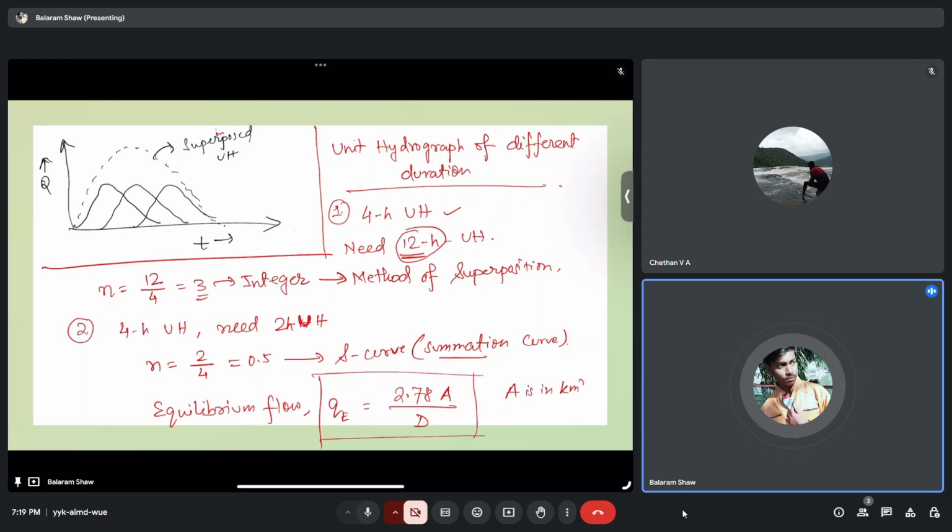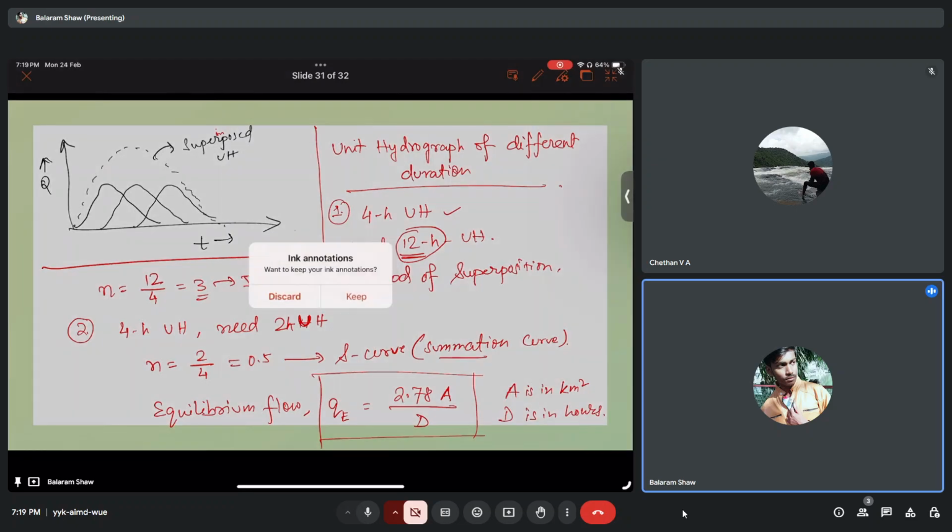If you are putting proper units, like hectares, then you don't need this 2.78. From this you can calculate the equilibrium flow. This QE represents the maximum rate at which an effective rainfall intensity of 1 by t centimeter per hour can drain out of a catchment of area A. Okay, with this, we will go to the question.